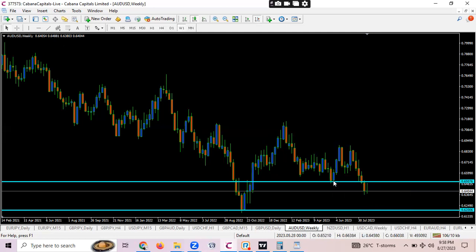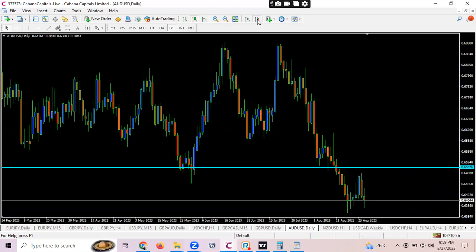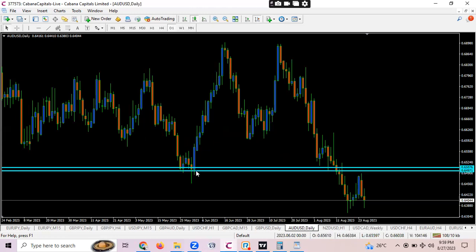So this support, if you go down to, let's see, daily. So on daily, you'll see we had a support here. Let's go down to 4-hour.